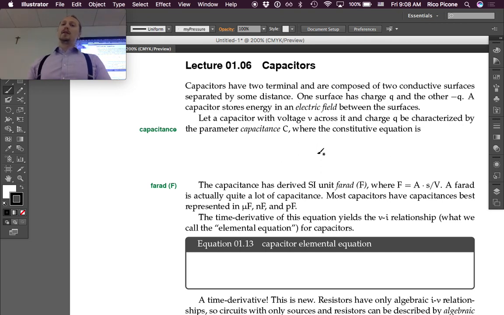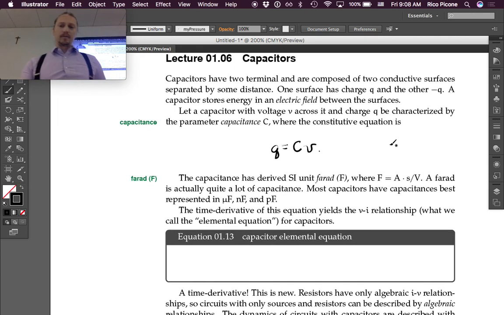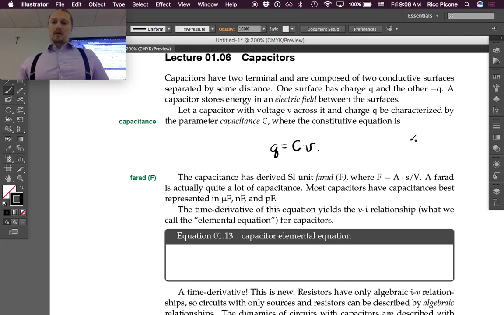Where the constitutive equation is that the charge on one of the surfaces is equal to the capacitance times the voltage across the element. So this is equation number 01.13.